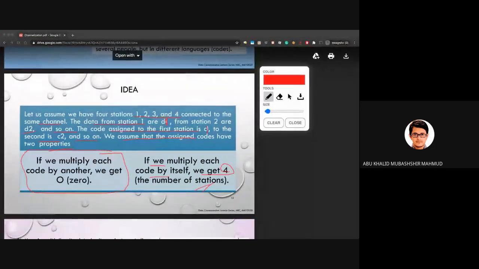So this is the basic concept. It would be much easier if we go to the example right now.